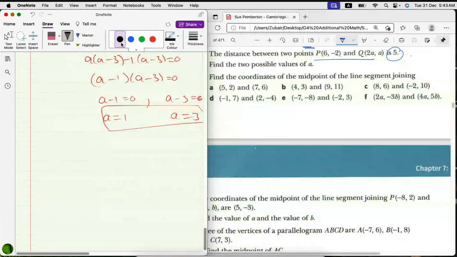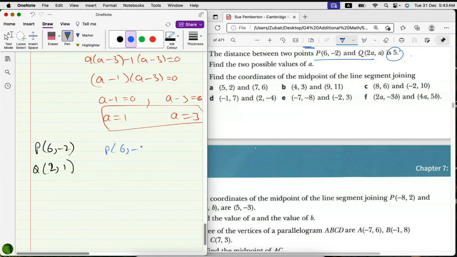So for a quick check, P was 6 comma minus 2, and Q when a is 1 is 2 times 1 comma 1, so 2 comma 1. On the other side, P is again fixed at 6 comma minus 2, and if a is 3, Q is 6 comma 3.